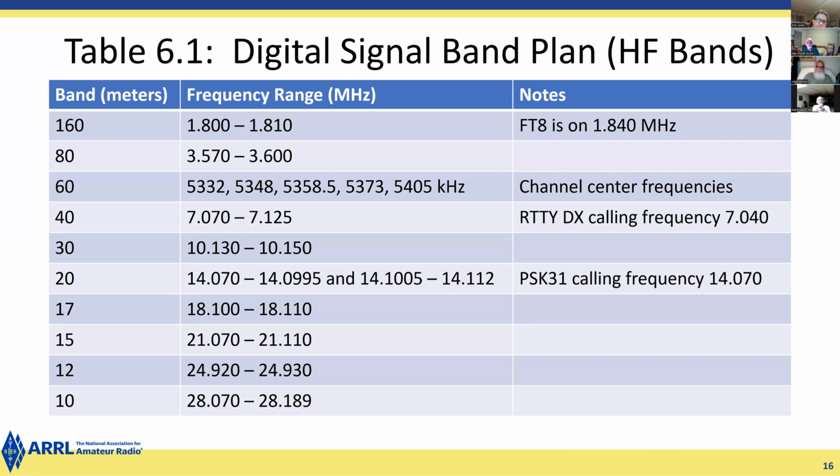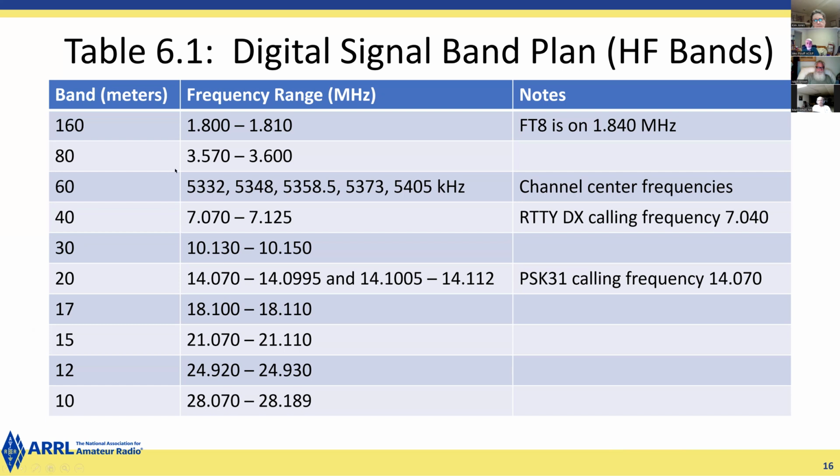So again, this is a table that you have for the common range of frequencies for digital signals on the HF bands. And if you look at the regulations for CW data segments, you'll see that these CW segments are generally wider.